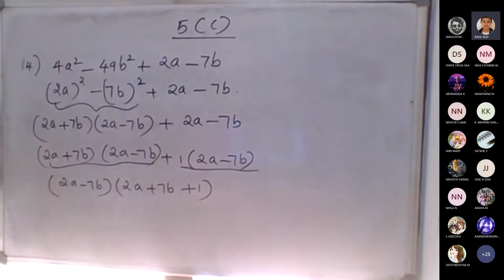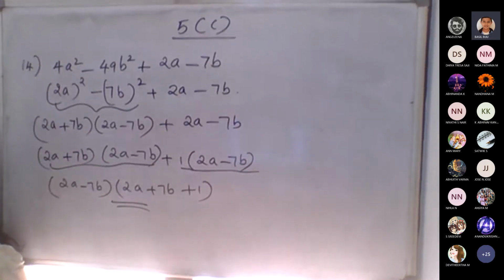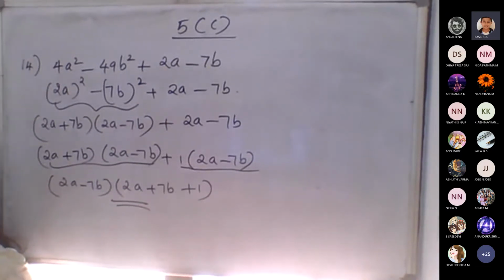Then the 15th question: 9a square plus 3a minus 8b minus 64b square.